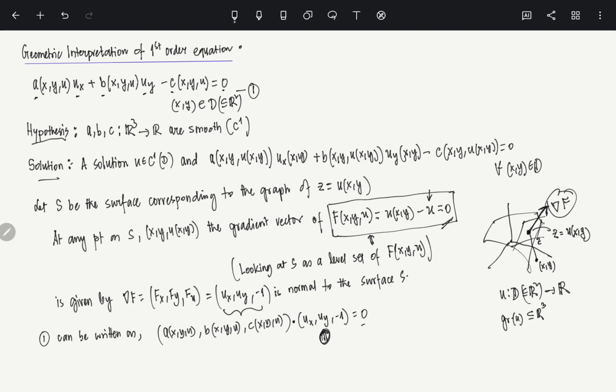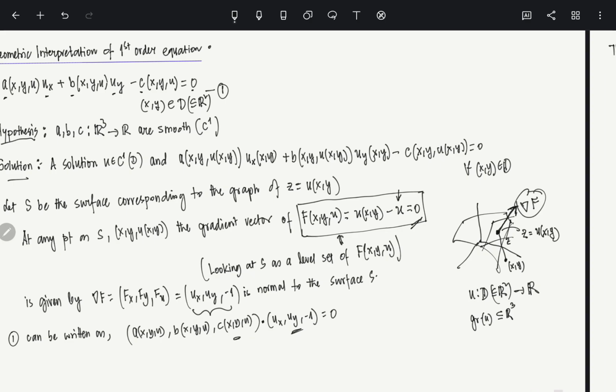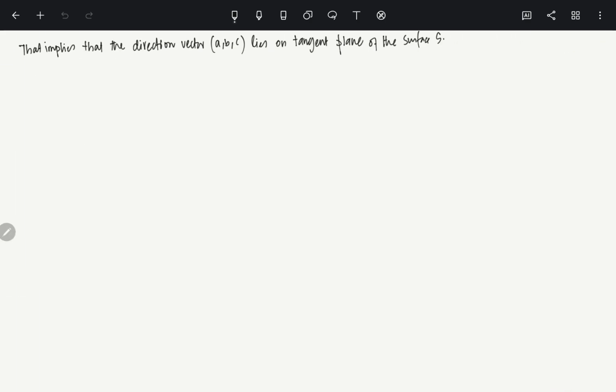That is why it is 0. They are perpendicular to each other. Since this is the normal vector, the field has to be on the tangent plane. Of course, this is true where gradient of capital F is not 0. That is the assumption basically of capital F. Wherever gradient of F is not 0, this is always true.